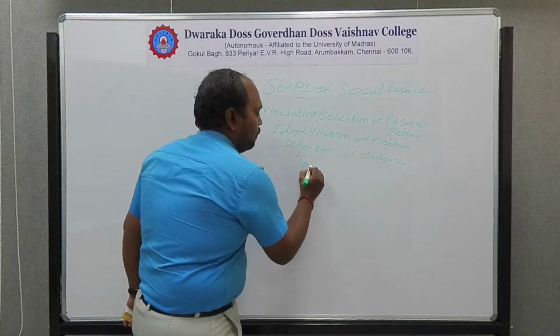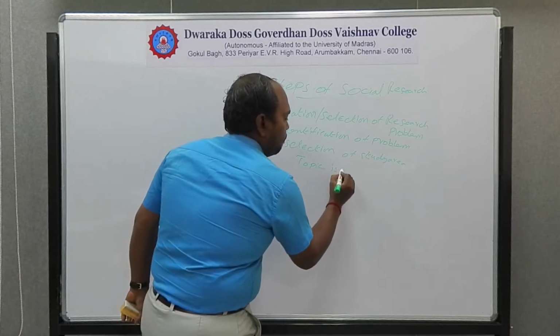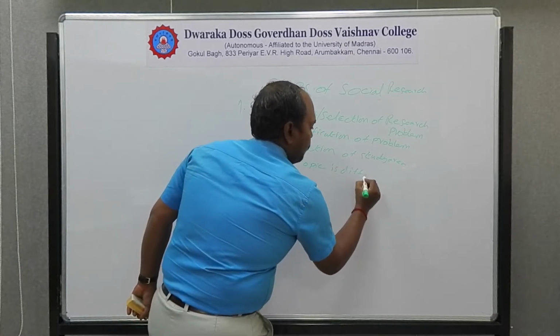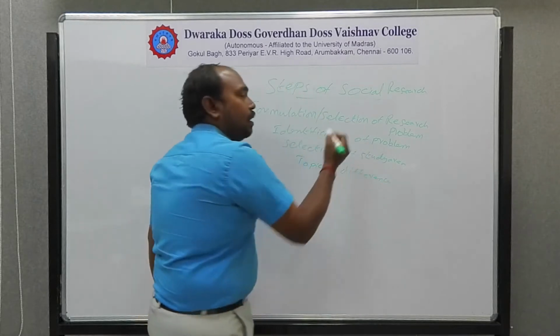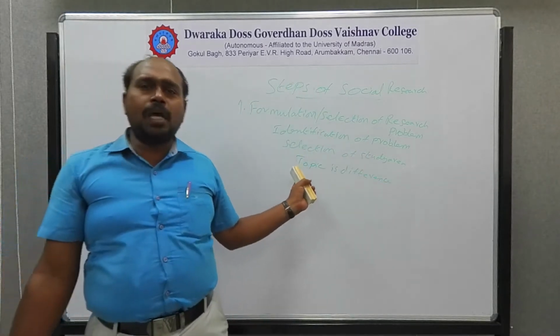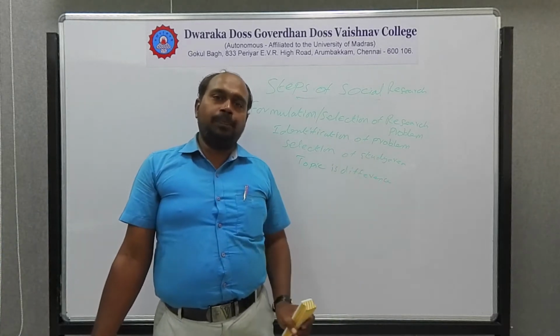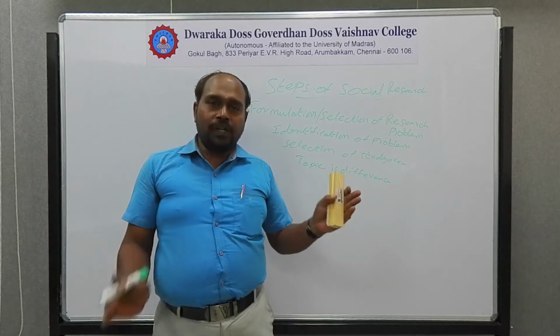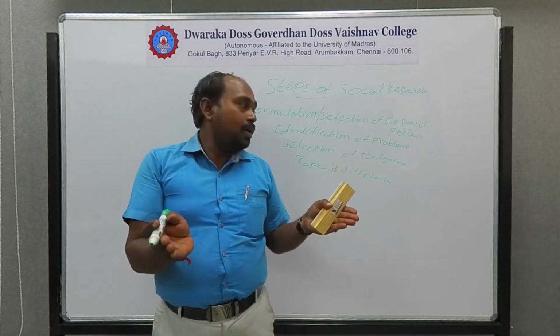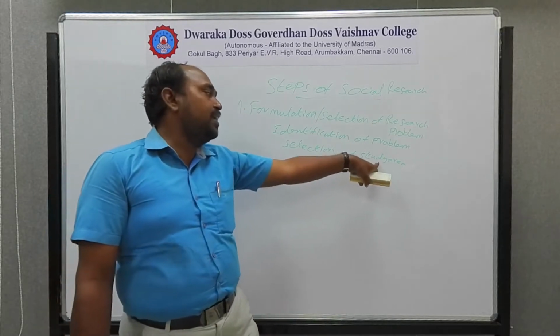Topic is different from research problem. For example, unemployment is a research problem. We are going to study the unemployment problem. In which area you are going to study? That is study area.